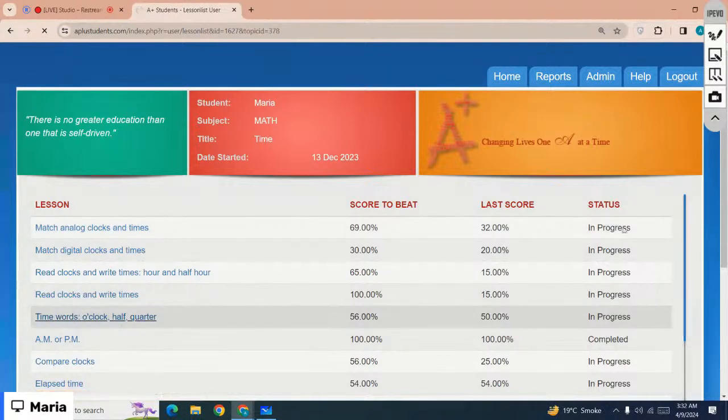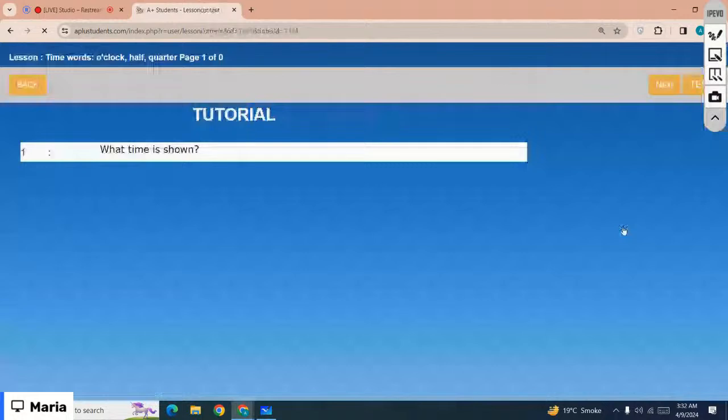Let's just start with what time is shown.